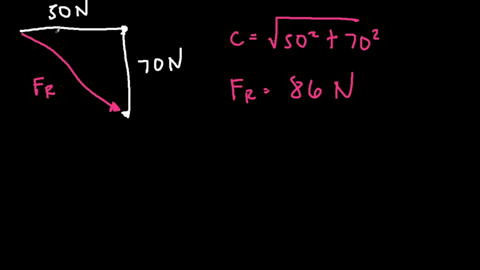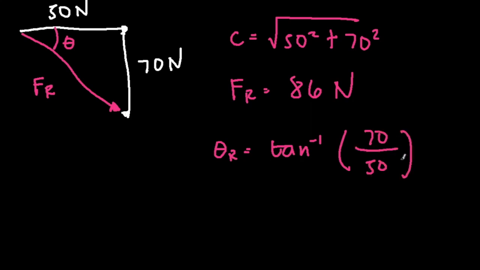Next thing that we should look for is our angle, or our direction, which is described in degrees. So again, let's find our reference angle theta sub r, which is the arctangent or inverse tangent of 70 over 50.